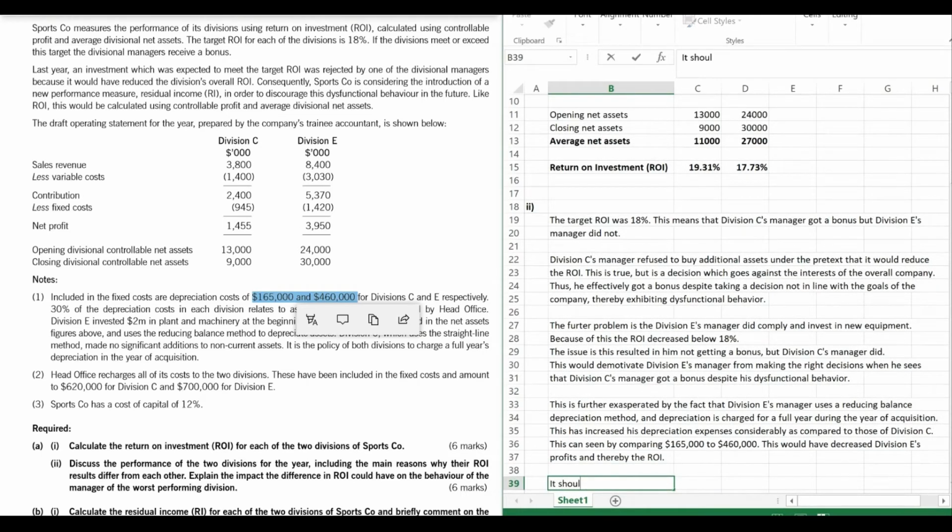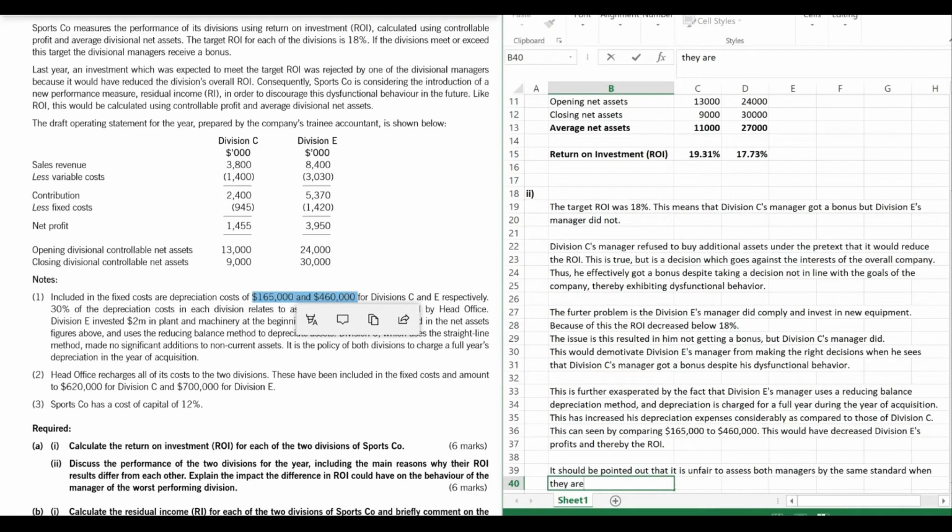It should be pointed out that it is unfair to assess both managers by the same standard when they are using different methods of depreciation.